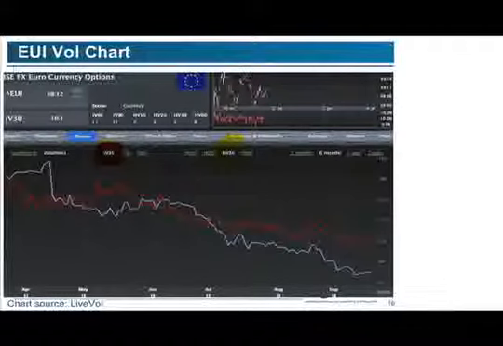Anyway, IV30 is the implied volatility for a 30-day option, and HV30 is the historical volatility for a 30-day option. Now, let's take a minute and deviate and talk about what each of those things means. Historical volatility is just what I was talking about a minute ago when we were looking at the candlesticks.